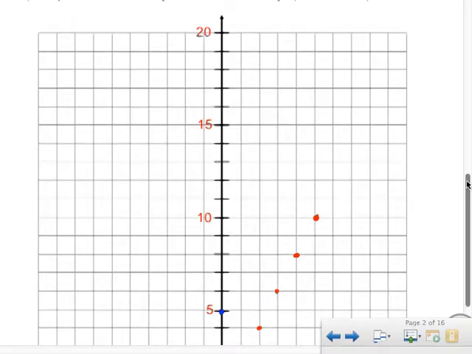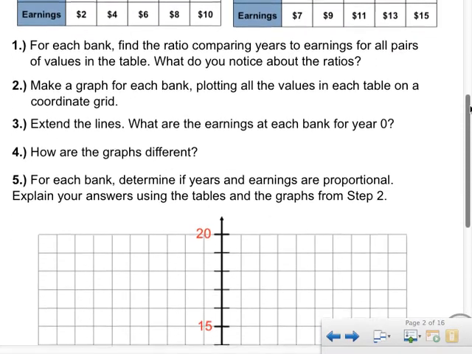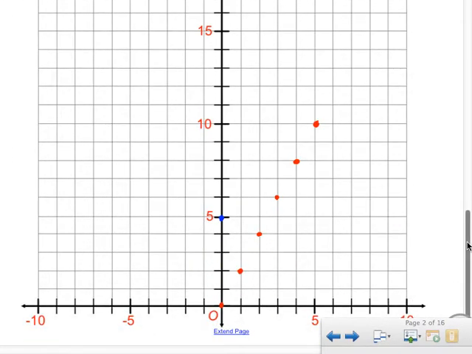And after 1 year, how much did you earn? $7. 2 years, how much did you earn? $9. Okay. And in 3 years, how many did you earn? 11. 4 years? Very good. And then in 5 years? $15. So now what you need to do is let's connect our points.